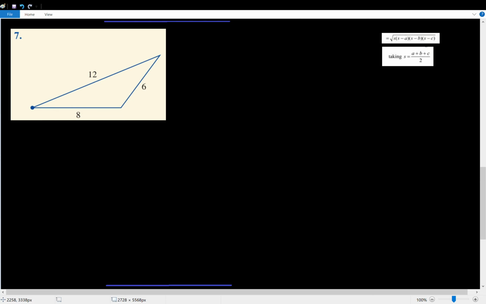And if we just label our sides, we've got a, b, and c, like that, which means that s is going to be equal to 12 plus 8 plus 6 all over 2. Well, 12 plus 8 plus 6 is 26. 26 over 2 is 13. So our s is equal to 13.